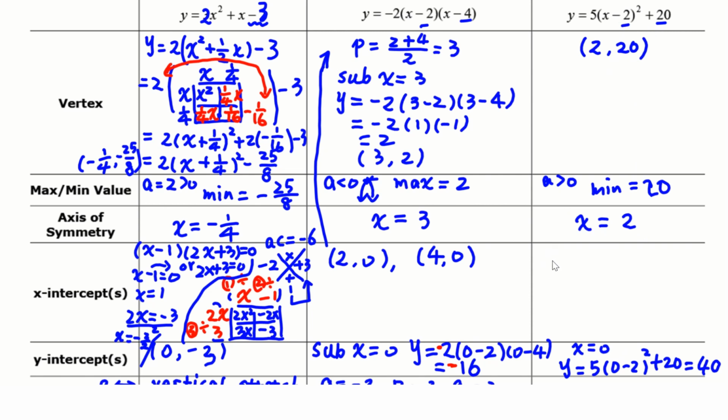For the x-intercept, we set y equals 0. So y equals 0, then we have 0 equals 5 times bracket x minus 2 bracket squared plus 20. Because x appears only once, we can use the isolating method to solve for x.